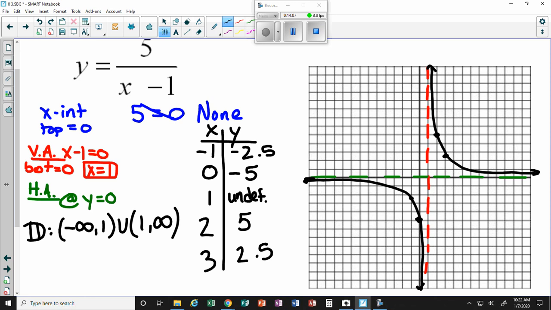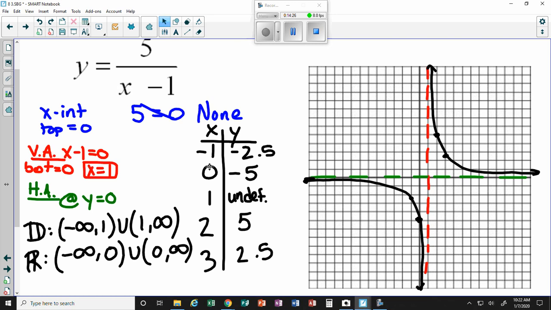And then on this side, it gets really close to 0 and then goes up to infinity. But it never actually gets to 0 on either side. So I have to put a break in at 0, so I do my interval range. Alright, that's kind of similar to one we did yesterday.